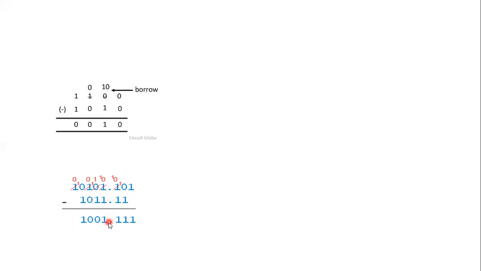The previous digit has no 1, therefore we borrow from the other digit. When we borrow from this other digit, this becomes 0 and this becomes 1. Now 1 minus 1 is 0. Then 0 minus 0 is 0. Then again 0 minus 1 means we borrow from this one. 1. And then this is 0. 0 minus 0 is 0.